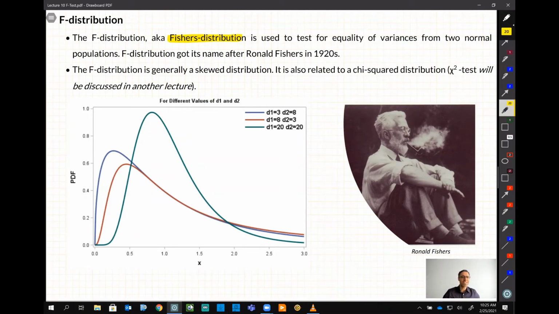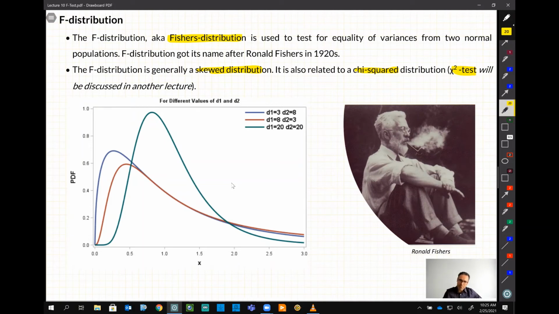Okay, so let's get to the F distribution. The F distribution is skewed, as you can see from this picture. So it's not symmetric and nice like a normal distribution. It relates to the chi-square distribution or chi-square test, which is something we will discuss in a future lecture. But for now, just know that if you read somewhere, it relates to chi-square.